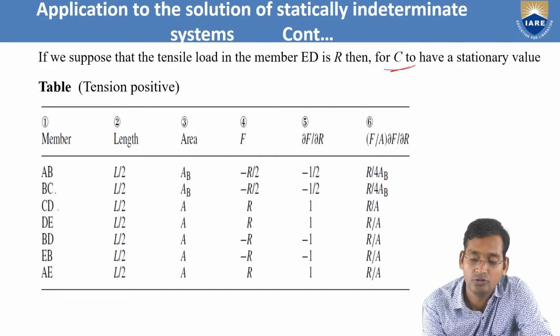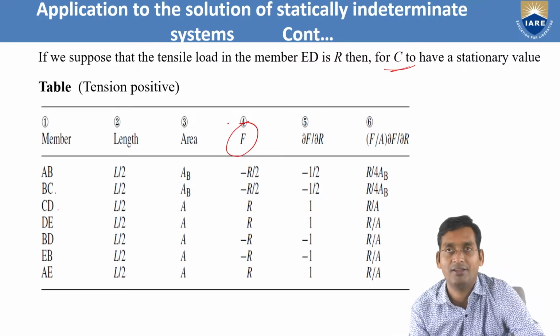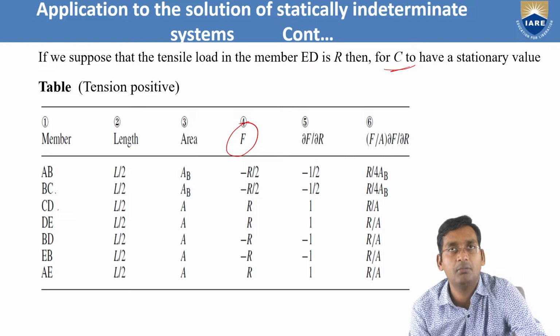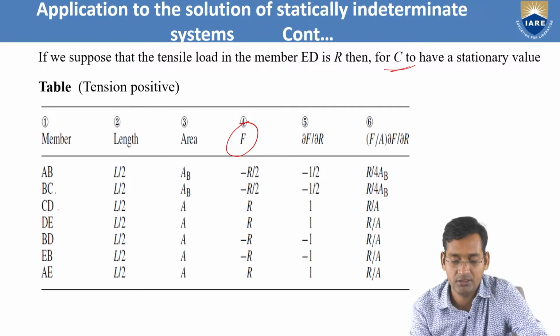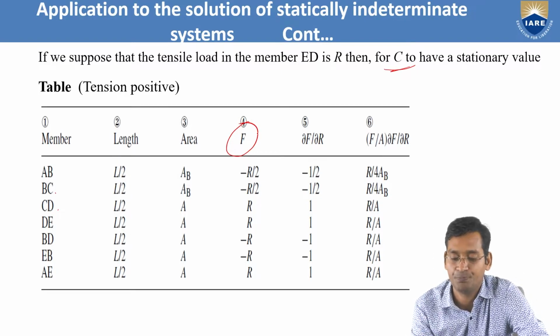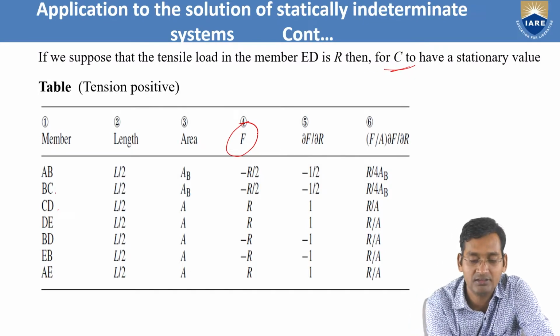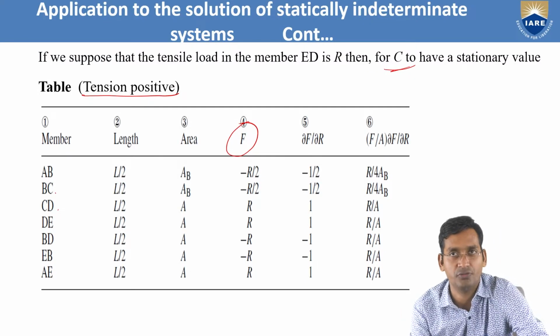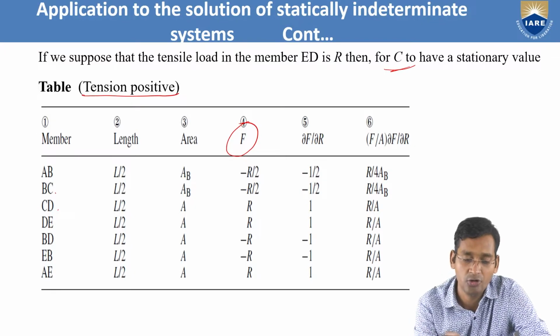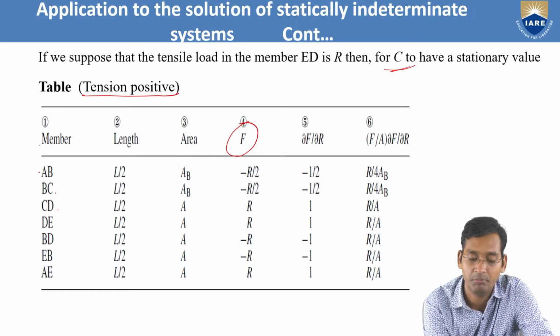Now the main thing is we have to find the force. Again by the same method we will find the force here. You see it's given that tension is taken as positive. So if compression is there, then we have to take negative; if tension is there, then we write positive. Now we have to find it for members AB, BC, CD, and so on.